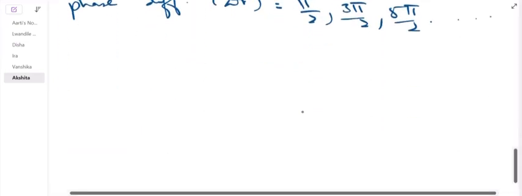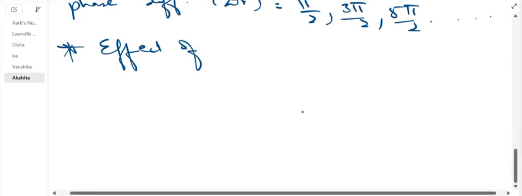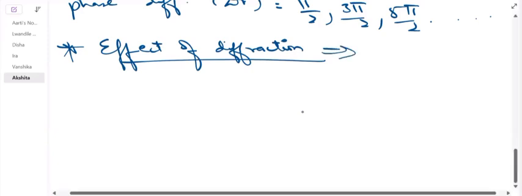Now after this, we have the effect of diffraction. Okay. Now let's see the effect of diffraction, how it can be studied. So basically what happens is light is diffracted when it passes through the slit, correct? And that means every slit diffracts some of the pattern on the screen. Okay.